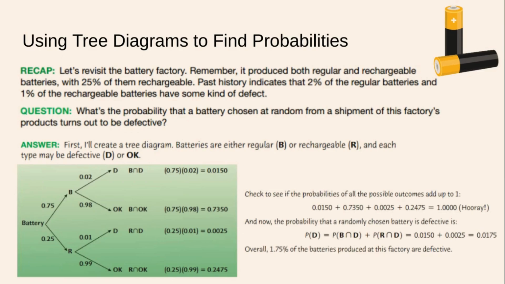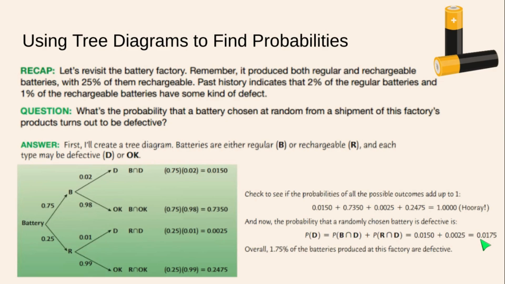So what they do, which is nice here, is to check to see if the probabilities all add up to 1. This is the textbook doing this, and they do all add up to 1 or 100%, and they cheer. Cool. Now to find the probability of defective is probability of original battery, regular battery, and defective, plus probability of rechargeable battery and defective, and that adds up to between 1 and 2%. 1.75% of all batteries produced at the factory are defective.